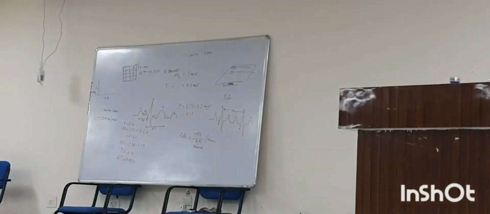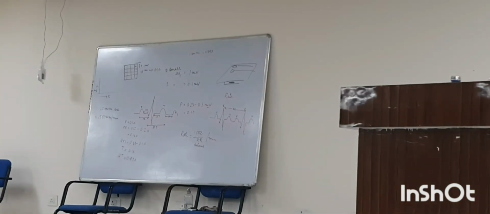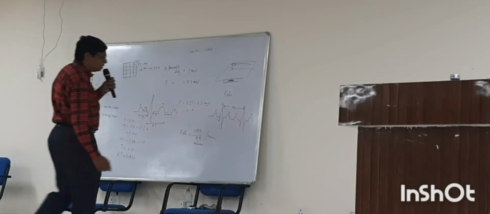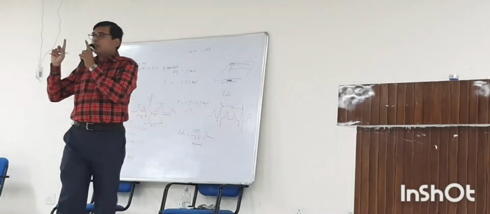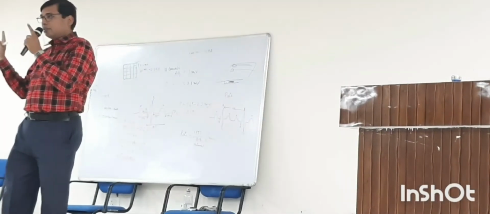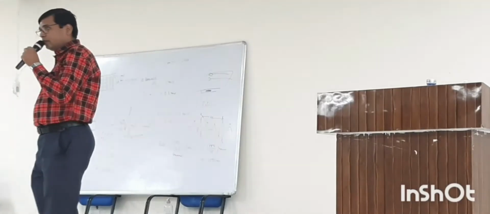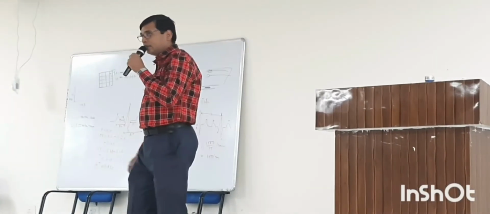Suppose the distance between RR intervals is 15 small squares. So heart rate is 100 per minute. Right? First point is rate.